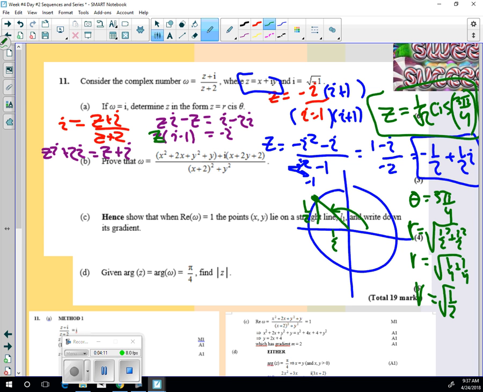Prove that W is equal to this mess. Okay, all right.